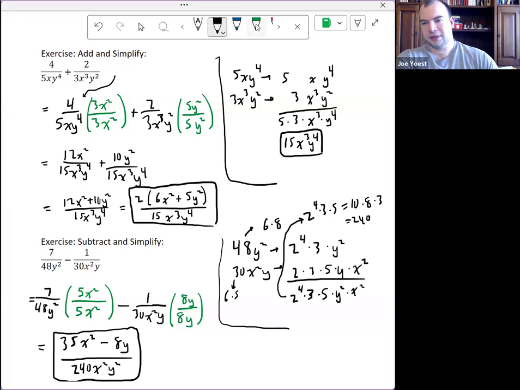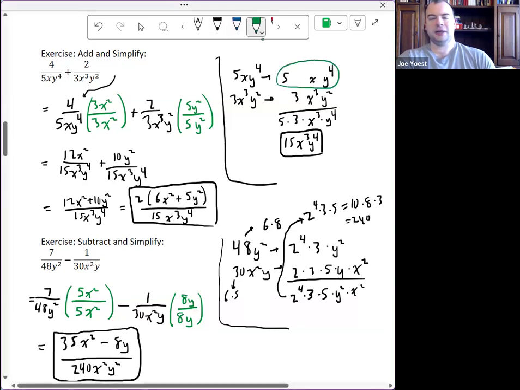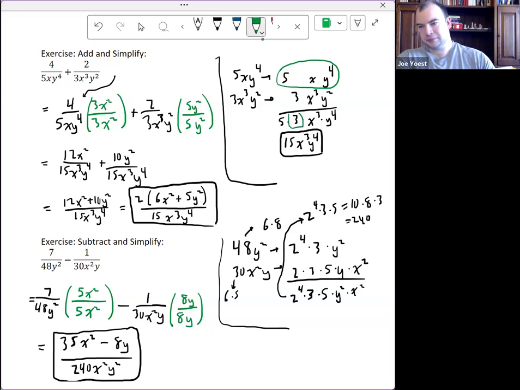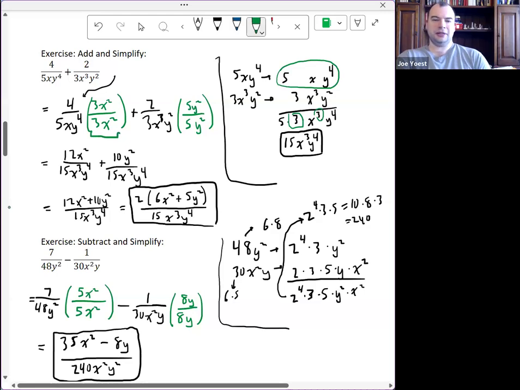What does it need to pick up to become the same as the lowest common denominator? Well, it needs a factor of 3. And it needs 2 factors of x so that it has enough x building blocks. It already has 4 y's, and that's all that it needs. So we need to multiply 5xy to the fourth by 3x squared to make 15x cubed y to the fourth.